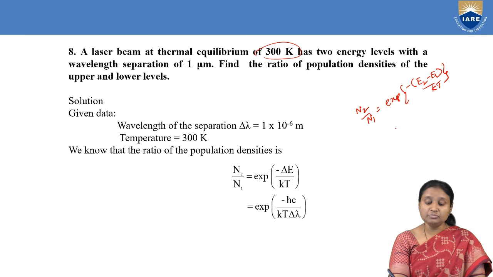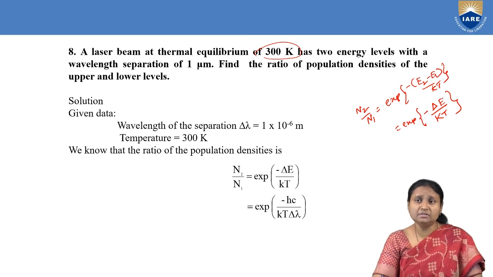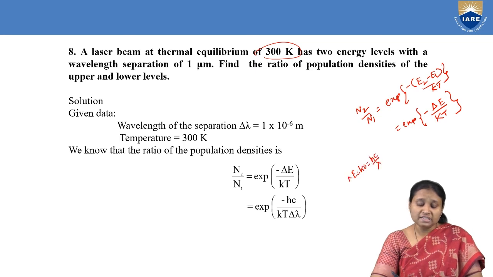But this E2 minus E1, I'll write as the separation, which is nothing but delta E by KT. And because the energy is in terms of h nu, it will become hc by lambda. So if it is delta E, then it will become hc by delta lambda.